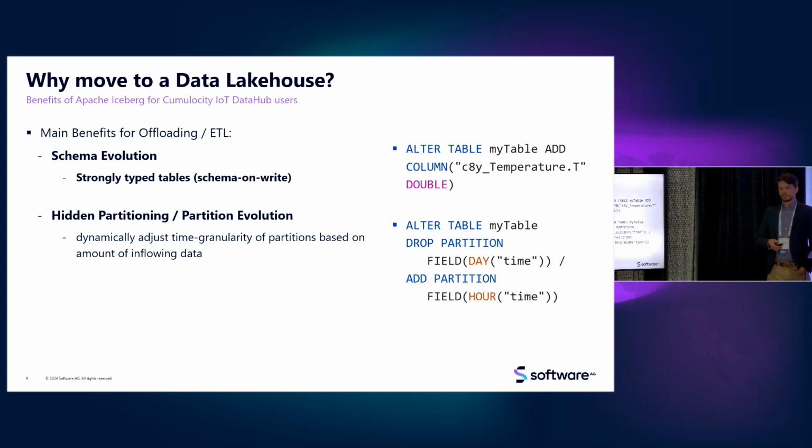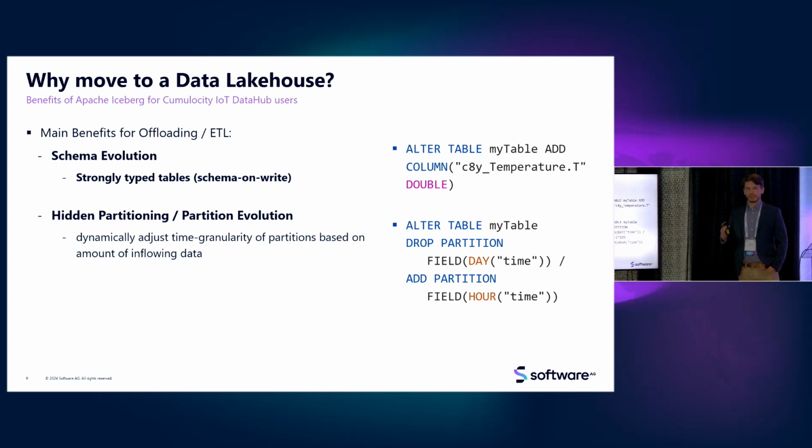Another very interesting feature, especially for time series and IoT applications, because the data is inherently time series for us, is hidden partitioning, also called partition evolution. And here the point is that with Iceberg, the data partitioning doesn't rely anymore on the physical structure in the data lake, so the folder structure, but it's implicitly or virtually defined in those manifest files I just talked about.